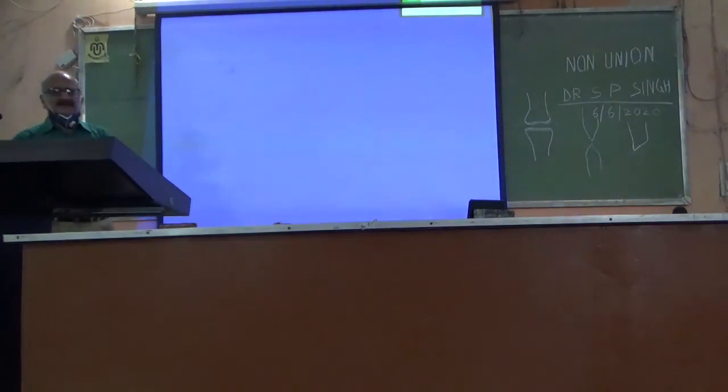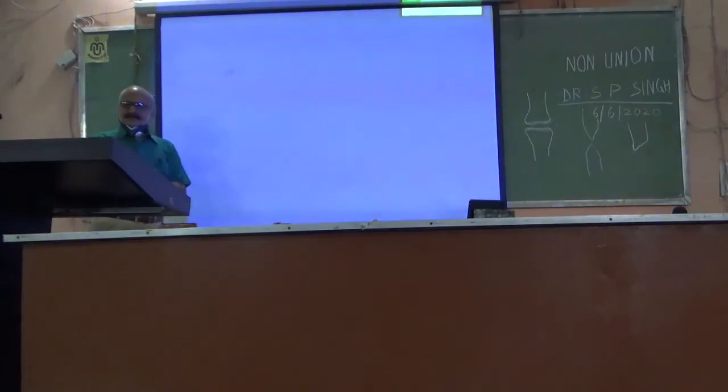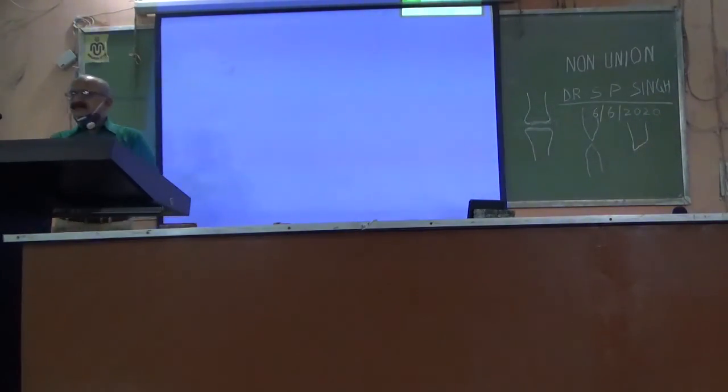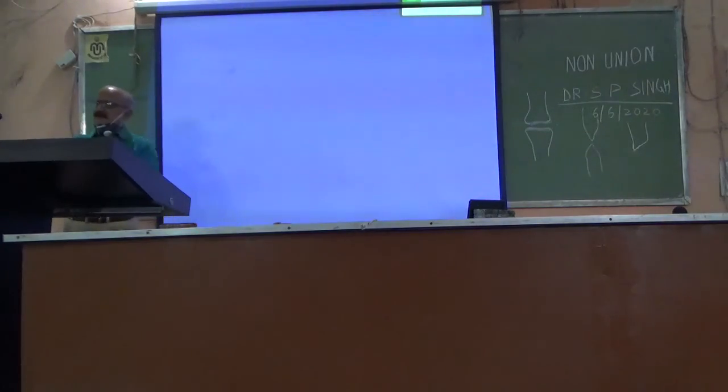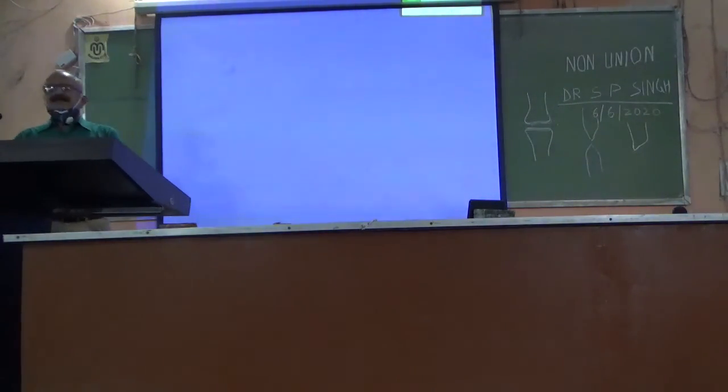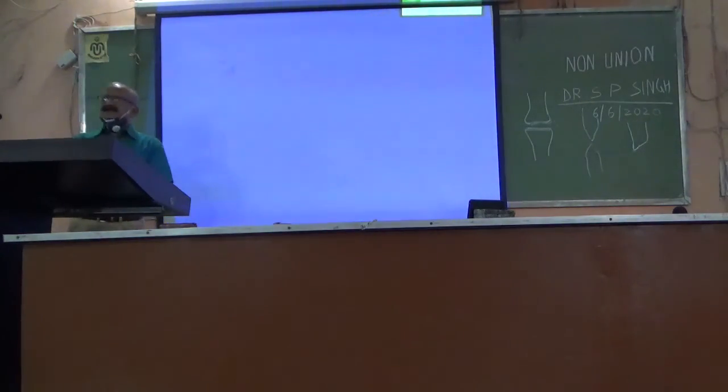Masquelet. It's a French scientist. In French, the T is most of the time silent. So the Masquelet technique is employed in treatment of gap non-unions. And the second is bone transport.